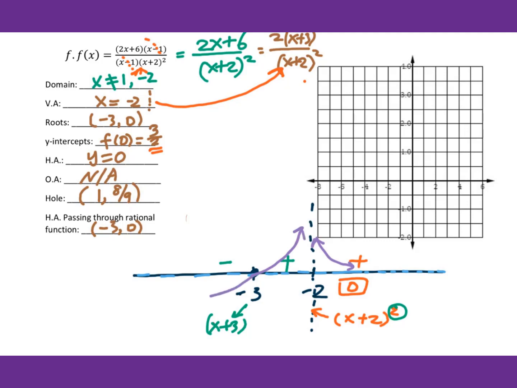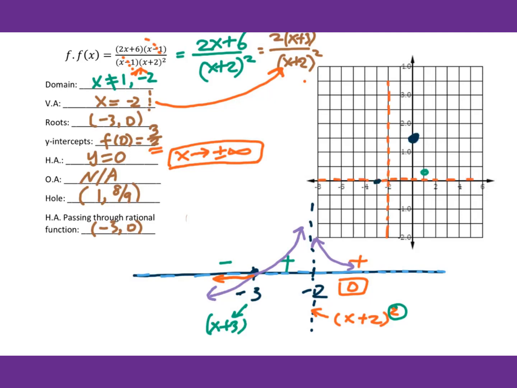Negative, go this way. No, that's not right. It has to be very close to that x-axis. That's a horizontal asymptote line. When x approaches positive or negative infinity, your graph is very close to this horizontal asymptote line.